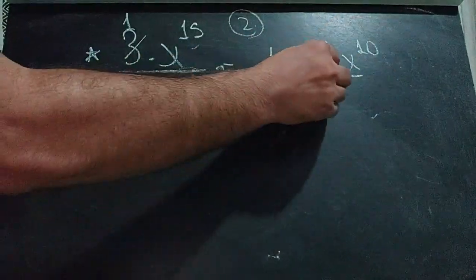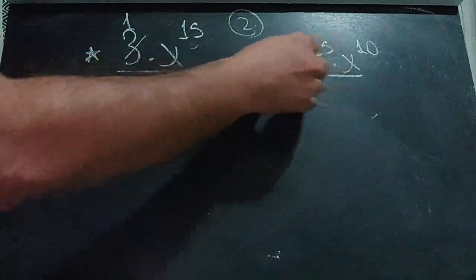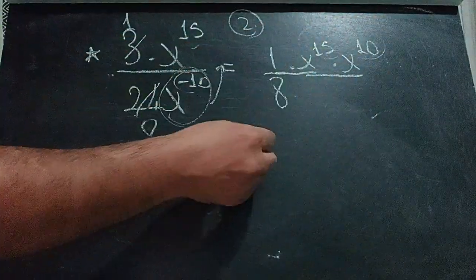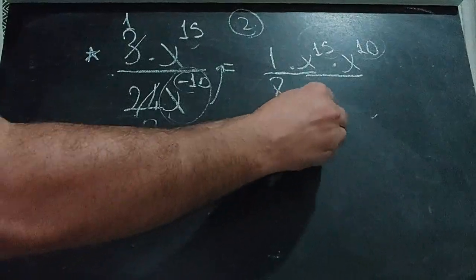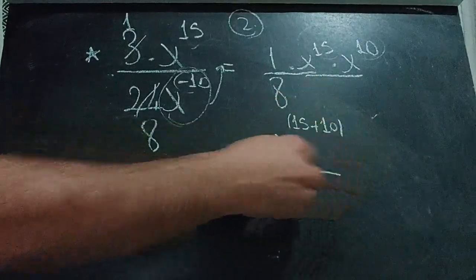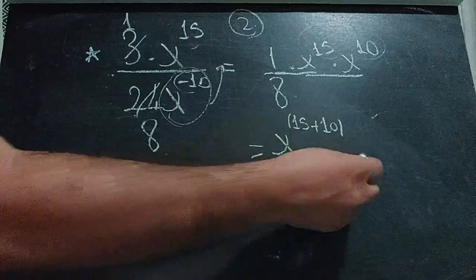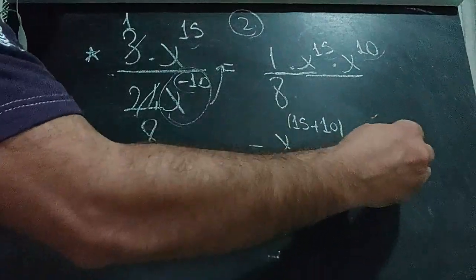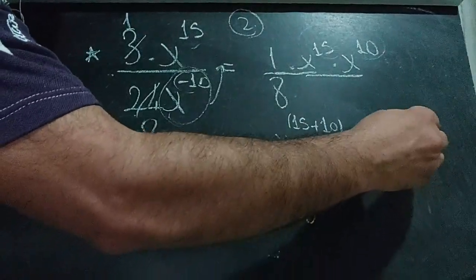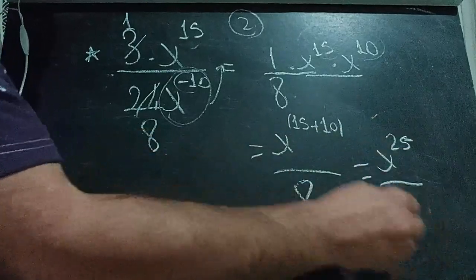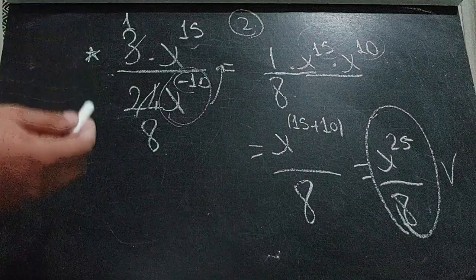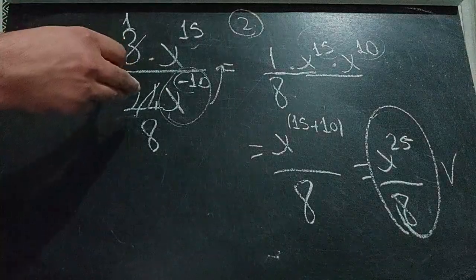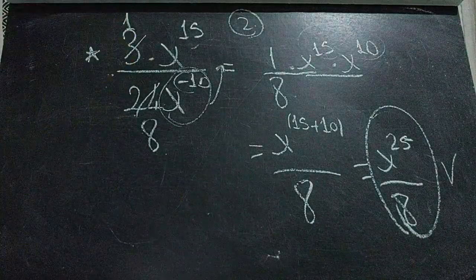So I got multiplication there. According to multiplication, we add powers to each other. That will give me x power 15 plus 10 over 8. And 15 plus 10 will be 25. x power 25 over 8 will be my final answer. Now it is up to you to use either the first or second method.